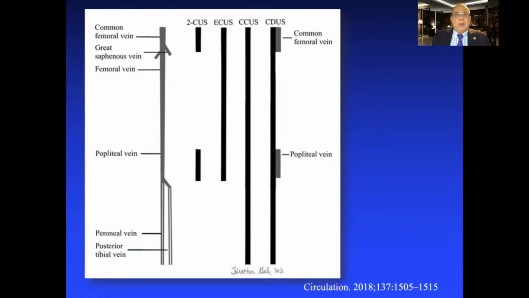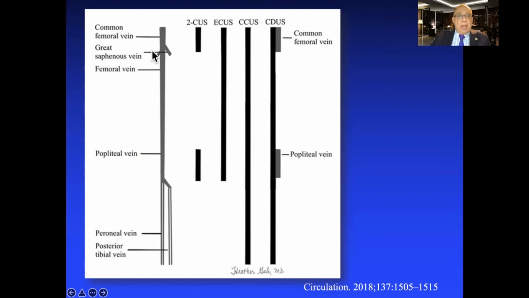Let's see this picture taken from a paper published by Larry Needleman in Circulation in 2018. Here we have a very schematic depiction of the veins of the leg, the common femoral vein.